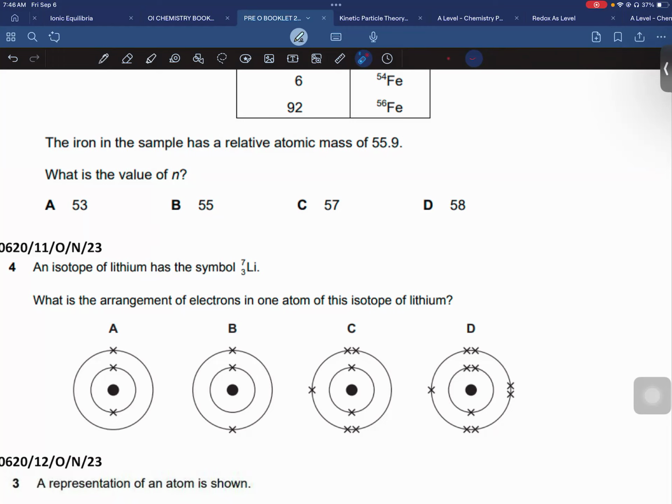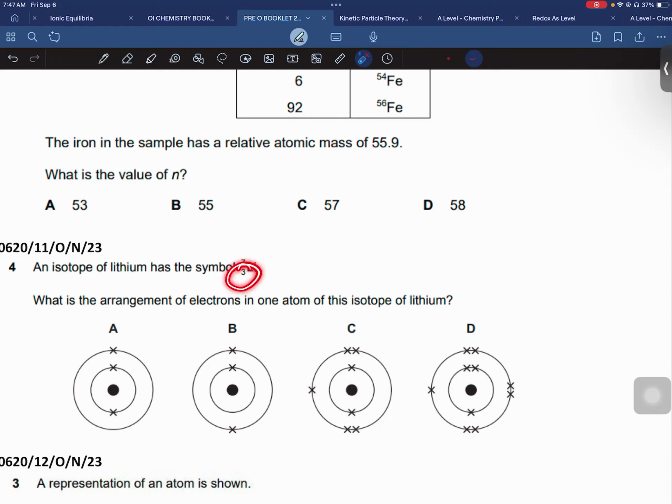An isotope of lithium has the symbol 3, 7. What is the arrangement of electrons in one atom of this isotope of lithium? Isotopes are the same element having the same proton and electron number and different nucleon number, different number of neutrons. So same number of electrons but different number of neutrons.